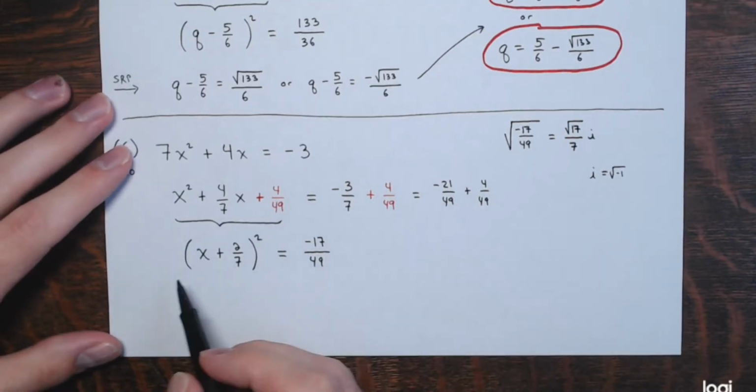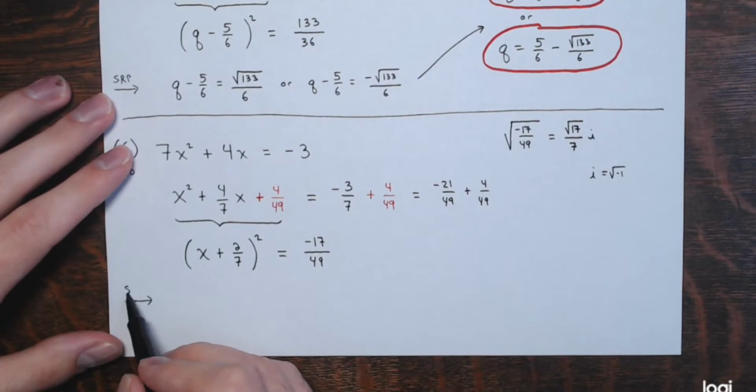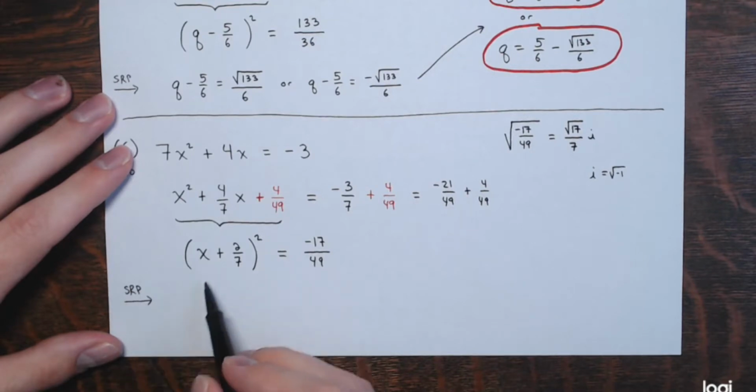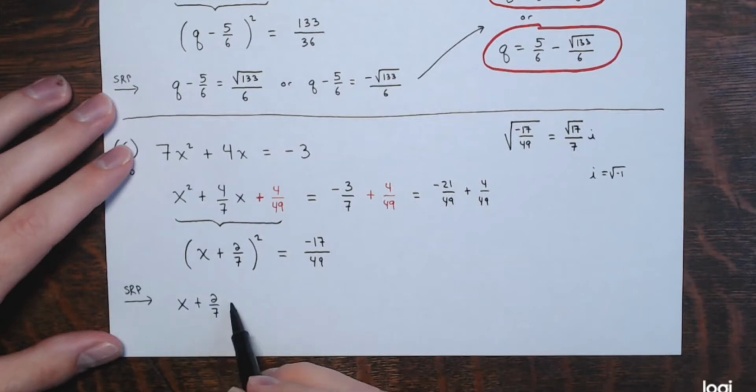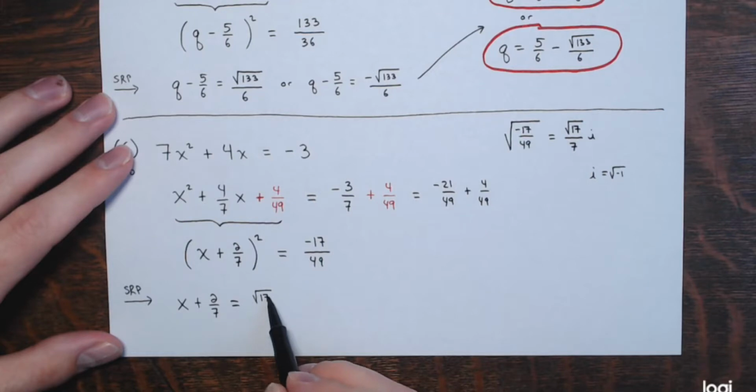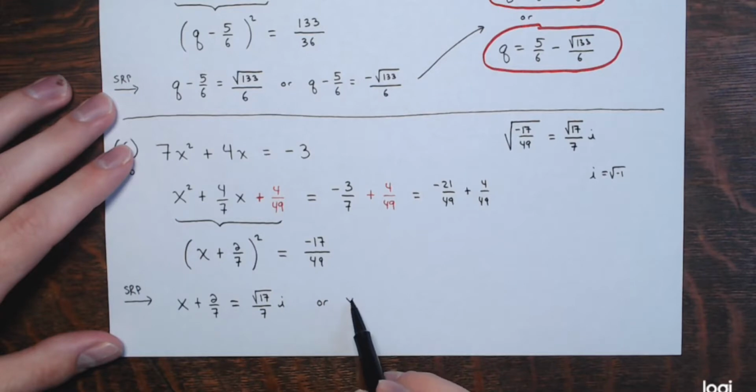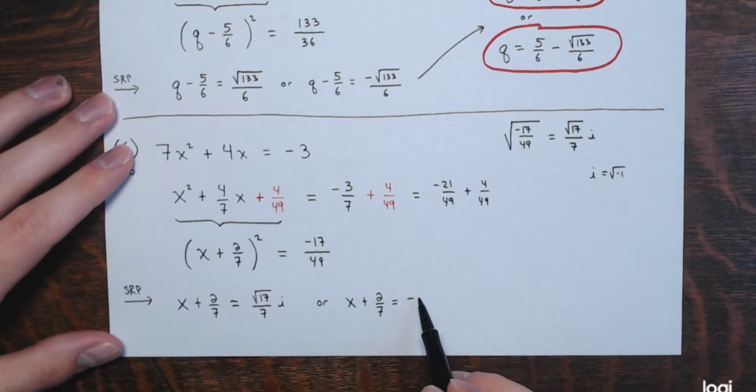So, when I apply the square root property here, this x plus 2/7 is either positive square root of 17 divided by 7 times i, or the opposite of that, right? x plus 2/7 equals negative square root of 17 divided by 7 times i.